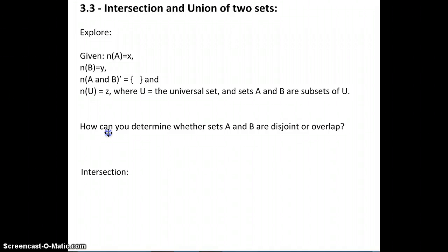If X plus Y equals Z exactly, that means the number of elements in A plus the number of elements in B exactly equals the total number of elements, so your sets are disjoint, because there must be no overlap.